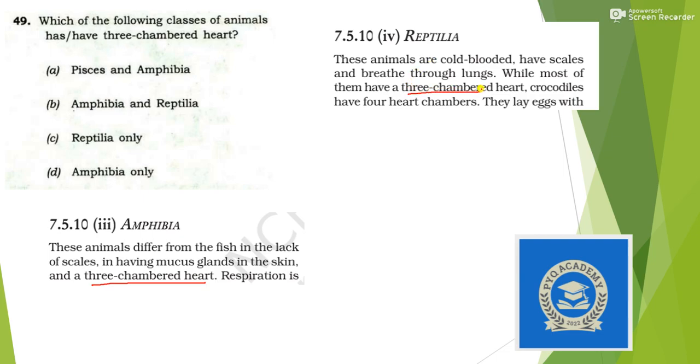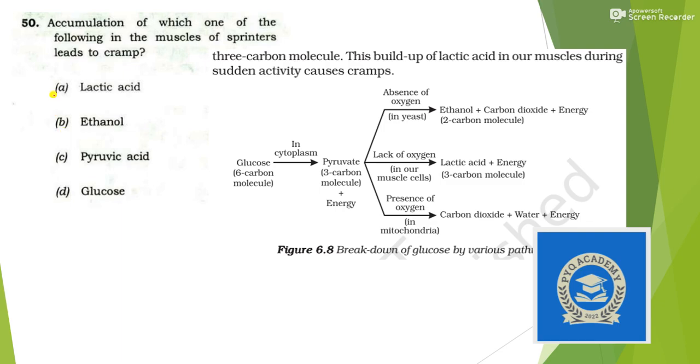But there is one exception: crocodiles have a four-chambered heart. It can be asked in another exam, so remember this fact. Otherwise, reptiles and amphibians have a three-chambered heart. So amphibia and reptilia is the answer. Let's move to the next question.